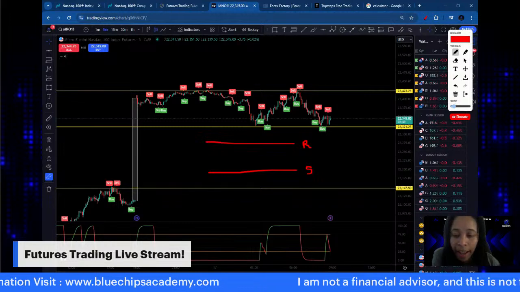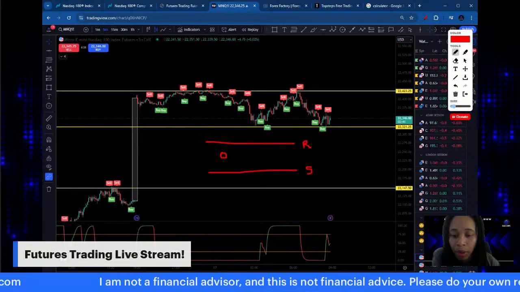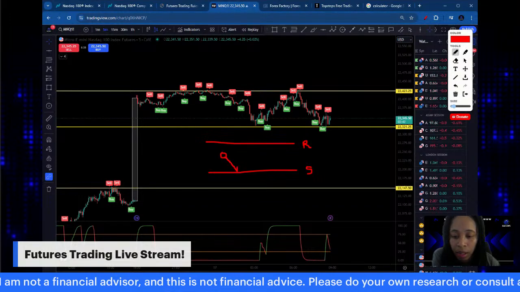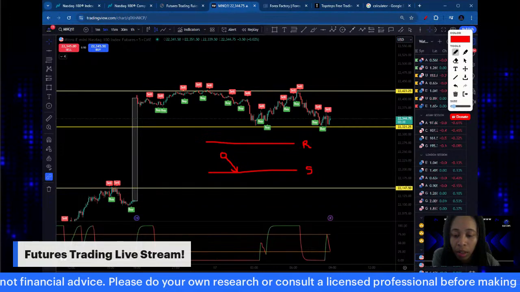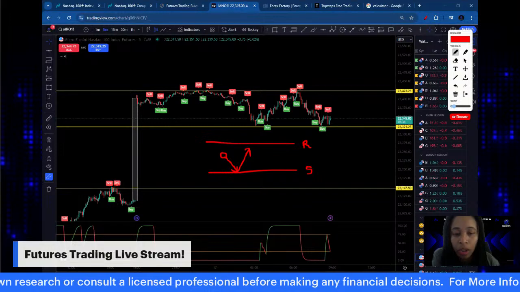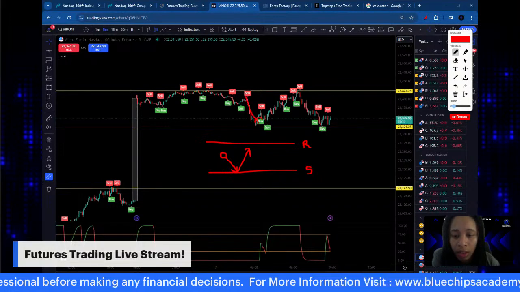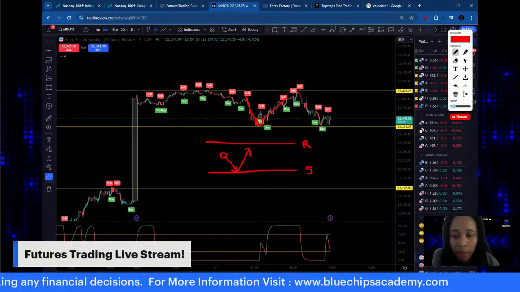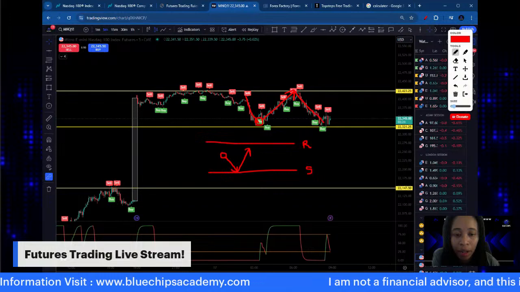If I throw the ball down to the floor, the natural reaction is for the ball to bounce up. So think of it here: when price came down to the floor, what did it do? It bounced up.